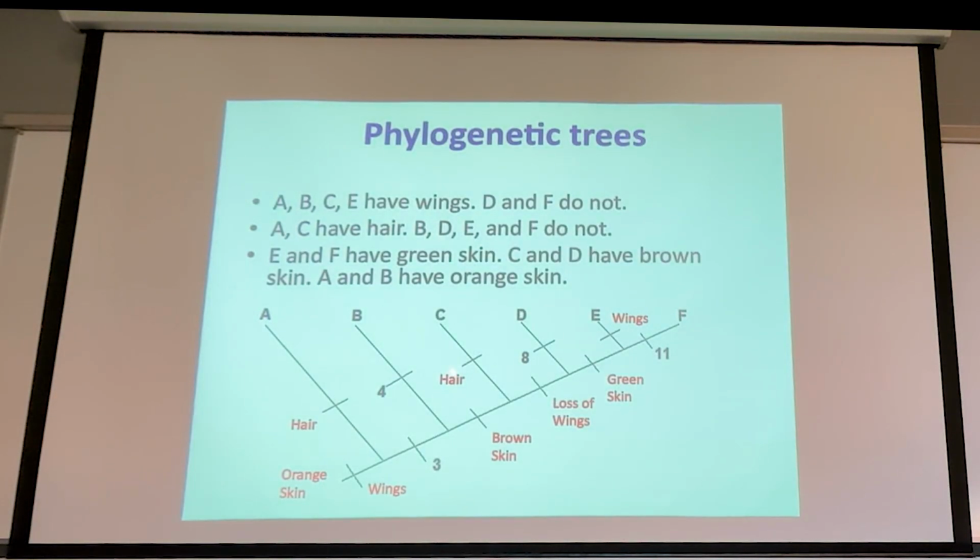Whenever you see traits twice on a tree, that means they arose independently of one another. So hair and wings in this example show convergent evolution, which is really important in the evolution of a number of organisms because the environment can often dictate niche specialization, right? Forcing organisms' phenotypes to look similar even though they don't share common ancestry.